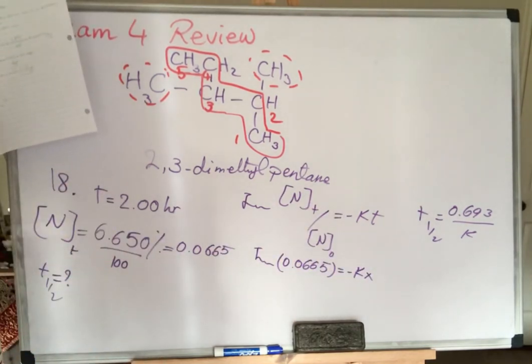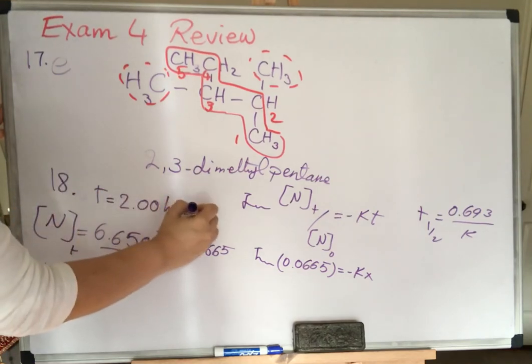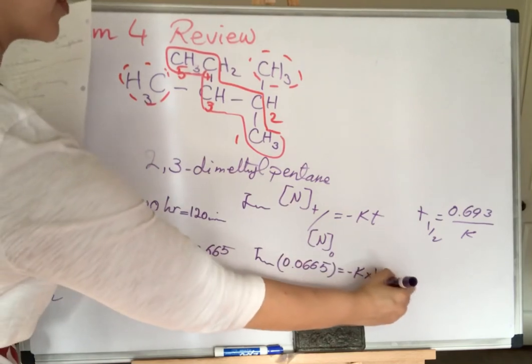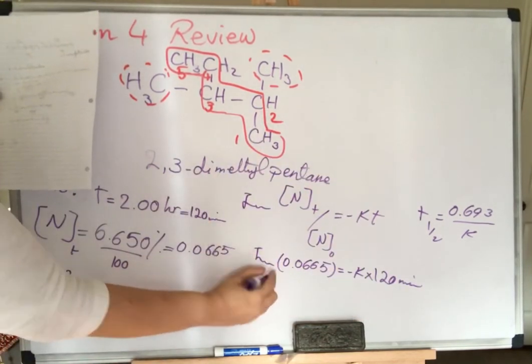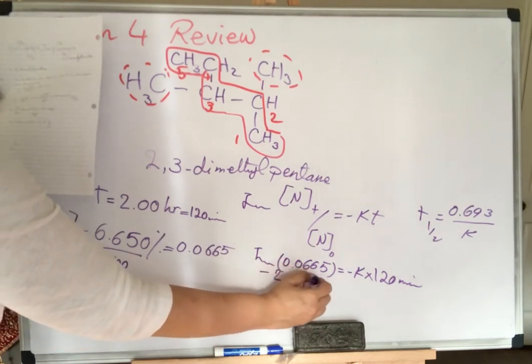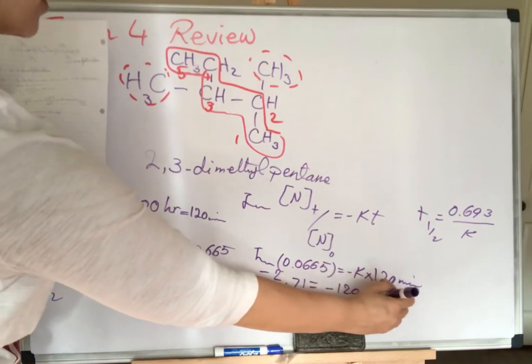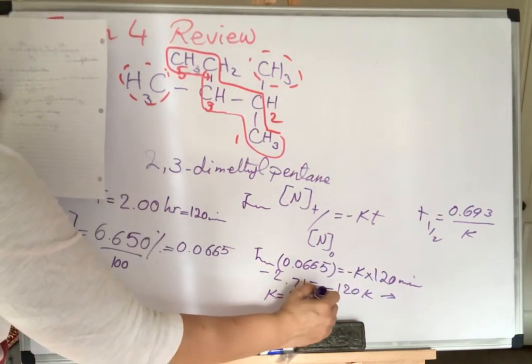If you look at the answer choices, they're all in minutes. So 2 hours is 120 minutes, right? Taking the ln on the left side, which is minus 2.71, equals minus 120K. So K is going to be 0.023.